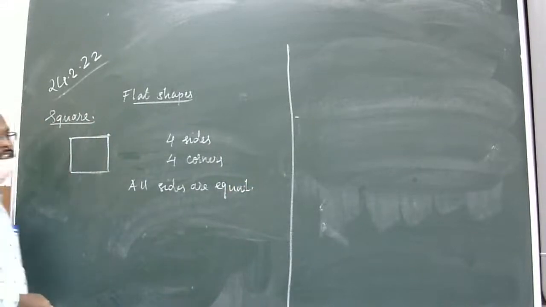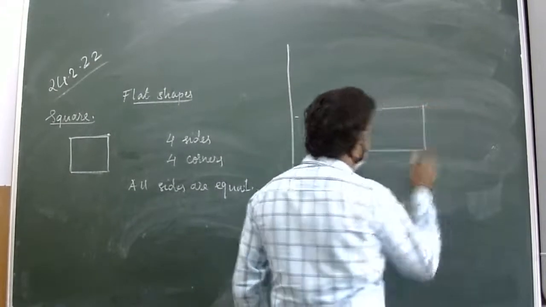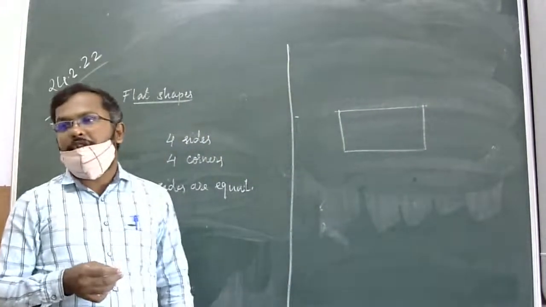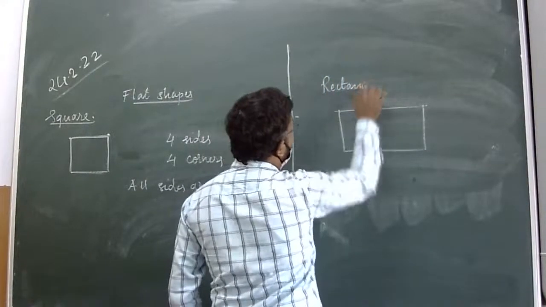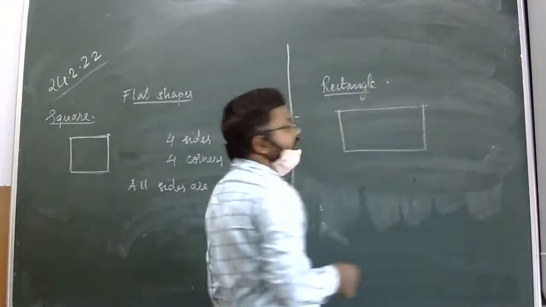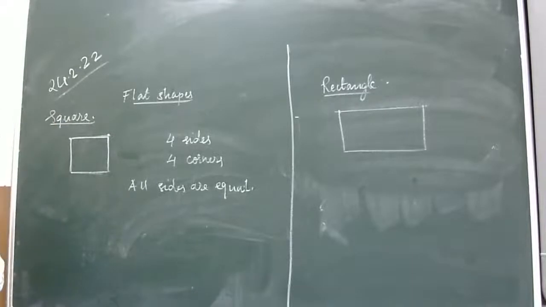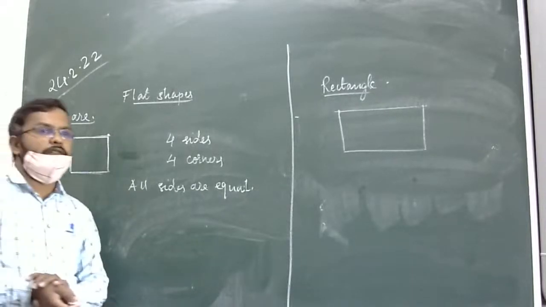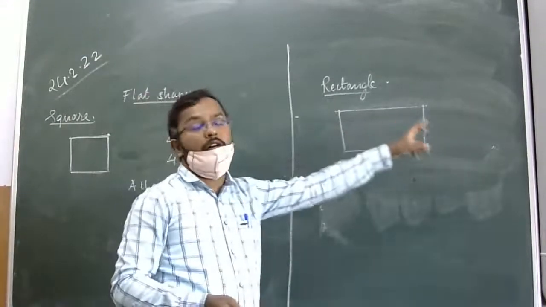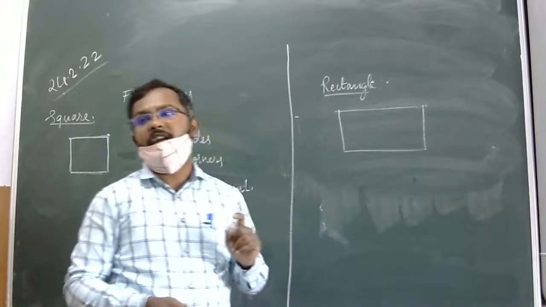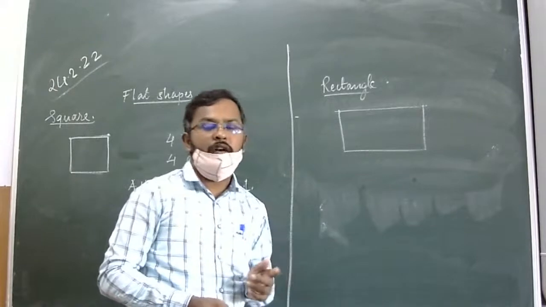Okay. So after square, can you name this shape? Rectangle. So the next shape is rectangle. Now, in the case of rectangle, see here in square all four sides are equal. But what about rectangle? Are all four sides equal here? Tell me. No. Which sides are equal here?